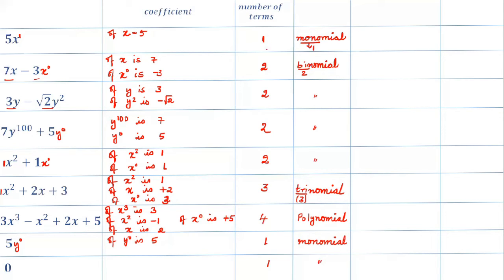Polynomials having one term, two terms and three terms have been given a specific name, that is monomial, binomial and trinomial, but they are also polynomials. In general, we call them polynomials.